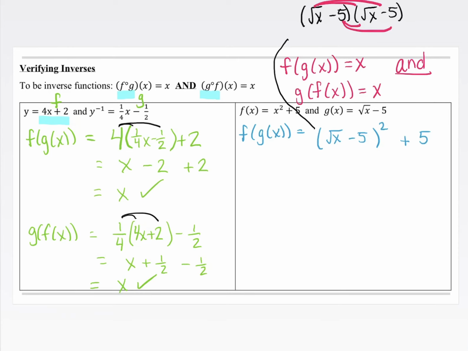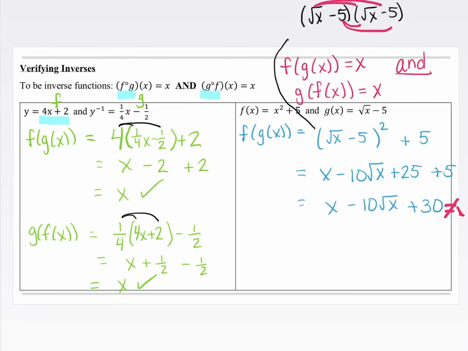And once we combine our like terms, we'll get x minus 10 times the square root of x plus 25, and then plus that 5 that was on the outside. Now we can combine our like terms. So we'll get x minus 10 times the square root of x plus 30. However, this does not equal x. So far they are not inverse functions.